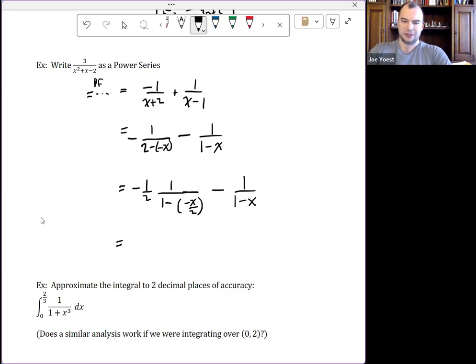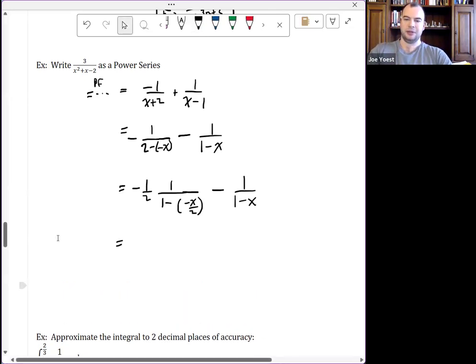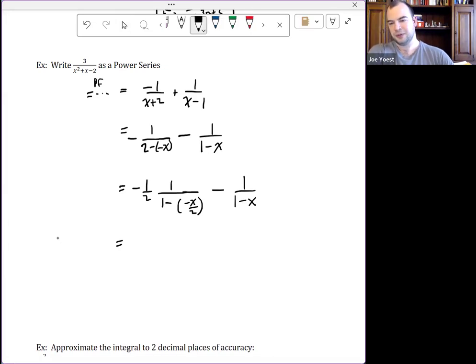Now I'll write each of these as a power series. So negative 1/2 times the sum from n equals 0 to infinity of negative x over 2 to the n, minus the sum of x to the n.